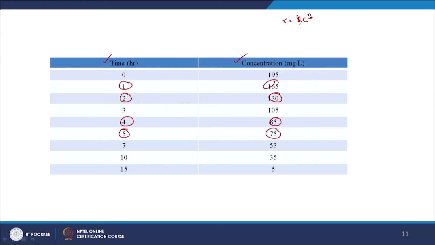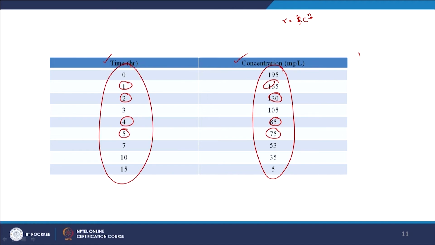So to take that into account, what's the best approach? Obviously you would like to look at an approach that would consider all the data set. So in that case we are going to look at regression. And how do we go about that? The approach is to look at the model that would best fit the data.